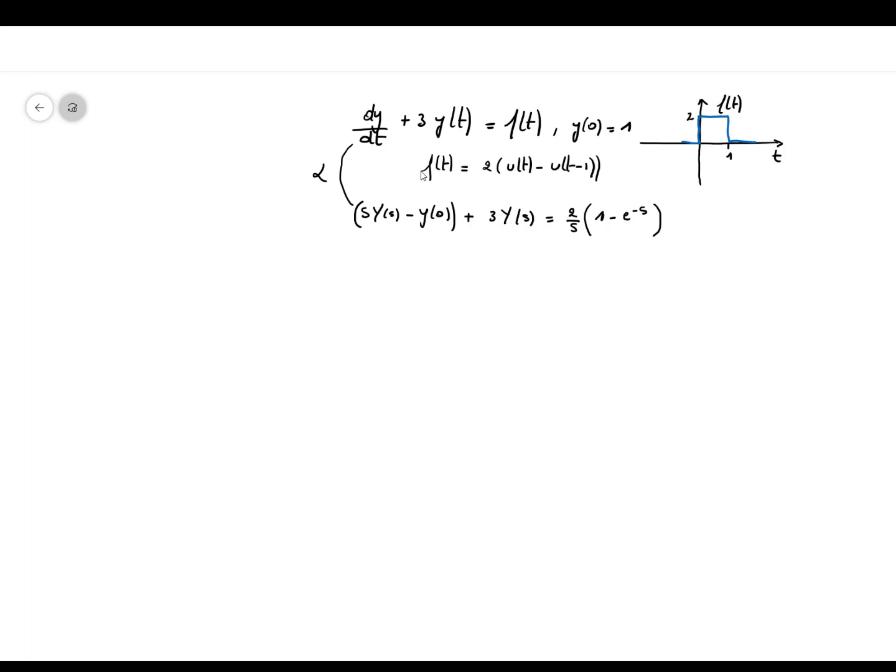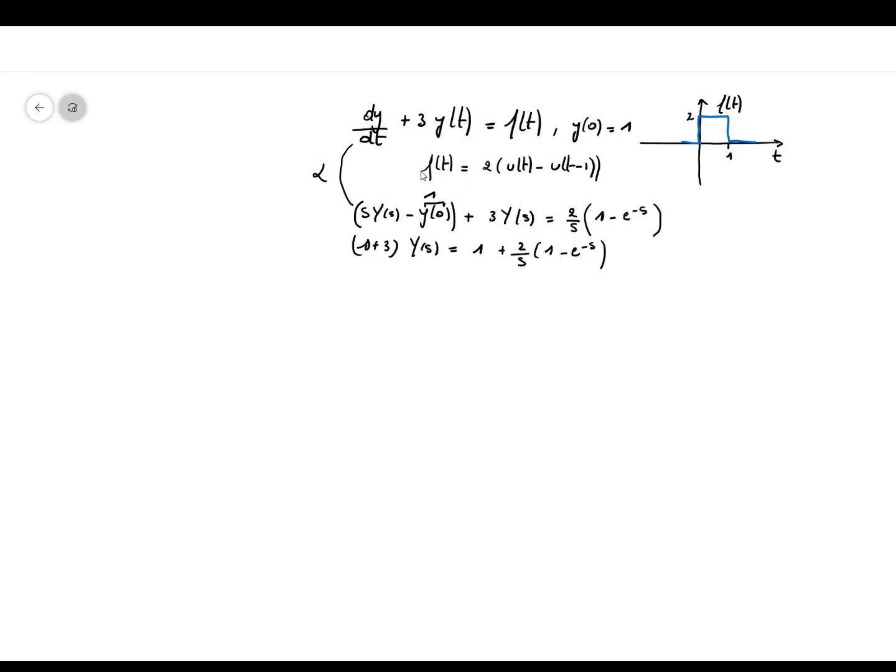Okay, so this we can rewrite, so this will be a 1 over here. We can put everything with a Y(s) together, and this will give us (s plus 3) Y(s). The minus 1 will take it on the other side, so it will be a 1 plus 2 over s, 1 minus e to the minus s.